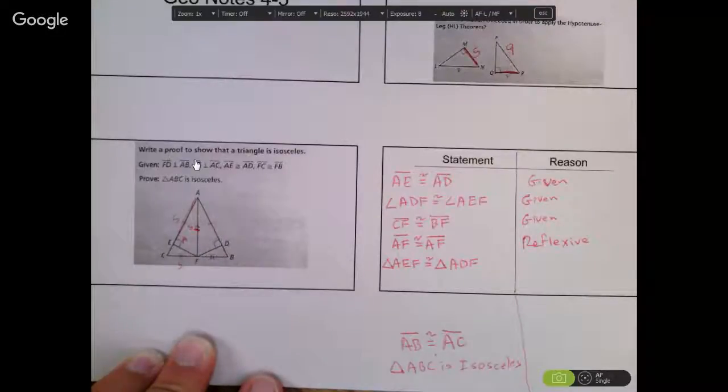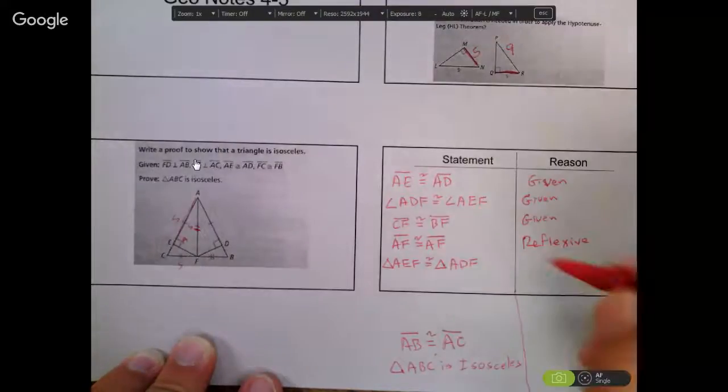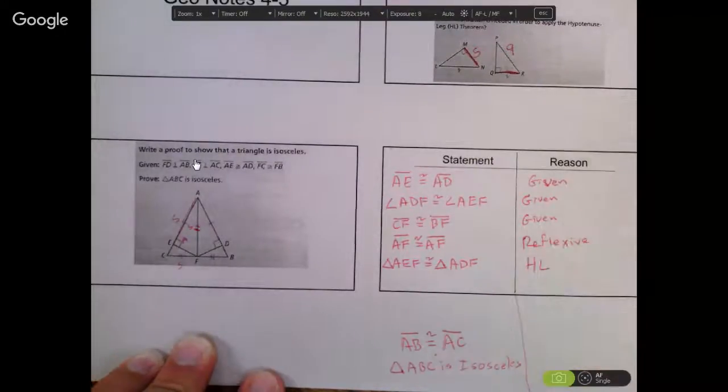It's angle, side. I'm allowed to use HL because that angle is what? 90 degrees. There's no angle-side-side unless it's 90 degrees, and we call that HL. So what does saying those two triangles are congruent do for me?